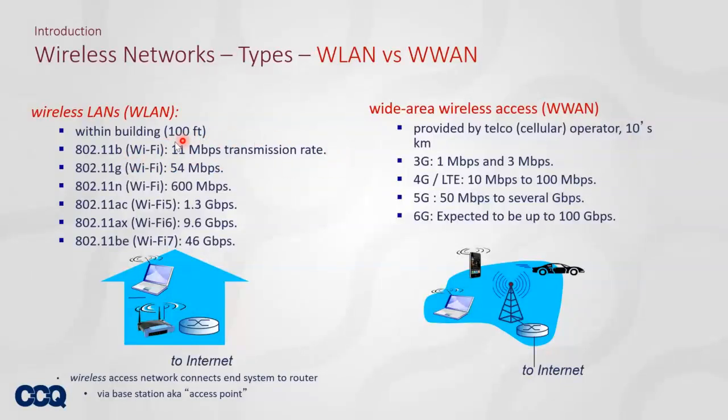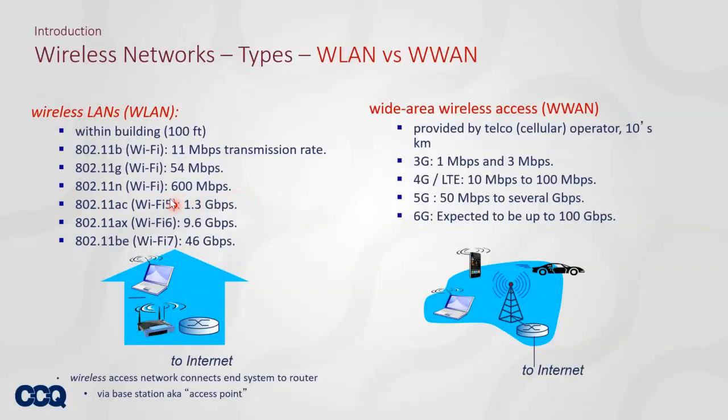The transmission rate at that time was 11 megabit per second. Then in 2003, 802.11g was established, which reaches speeds up to 54 megabit per second. Then the n standard was established in 2009, and it can reach a speed up to 600 megabit per second.